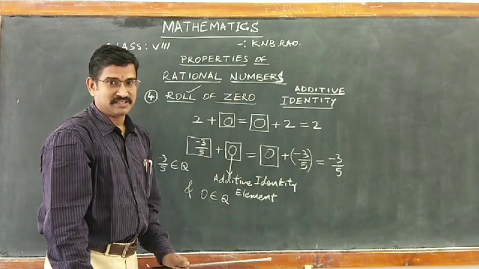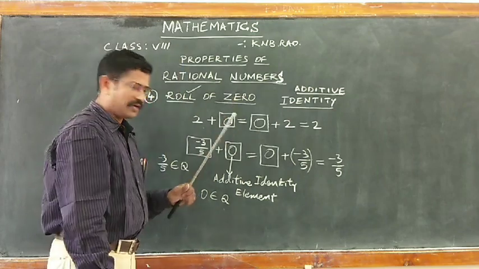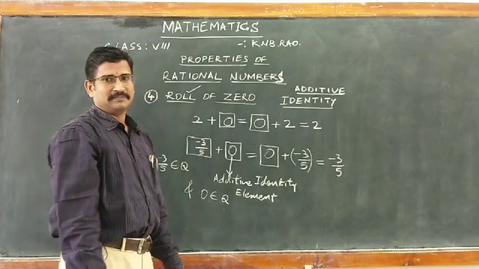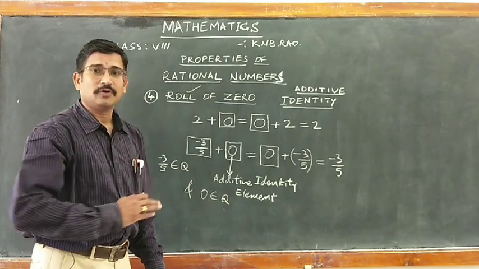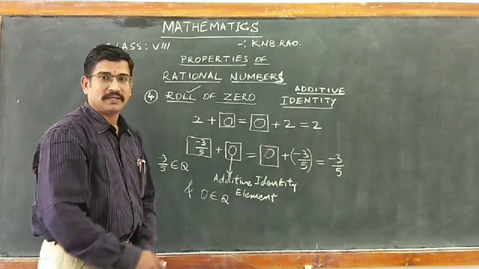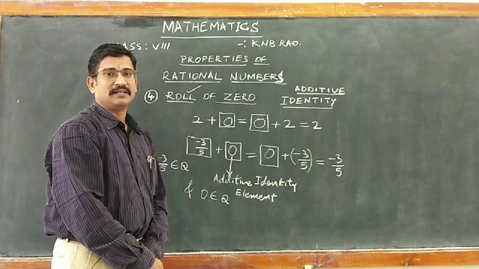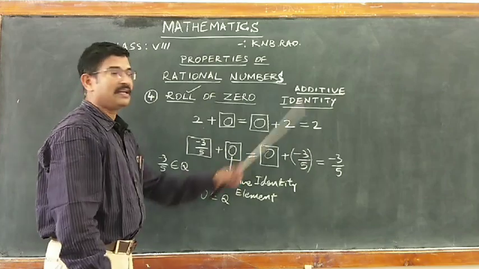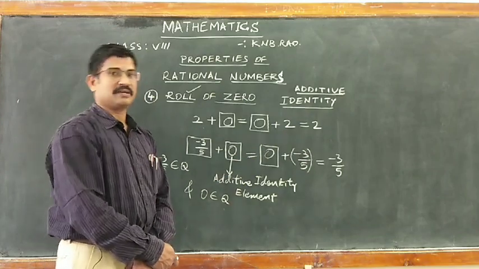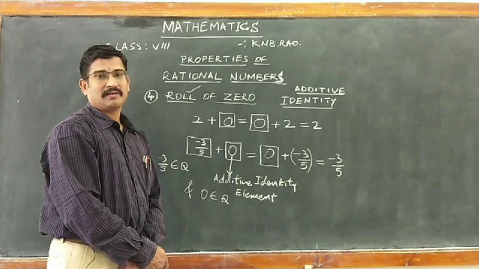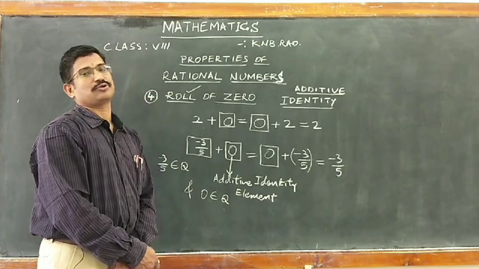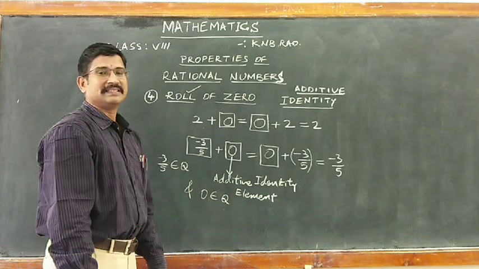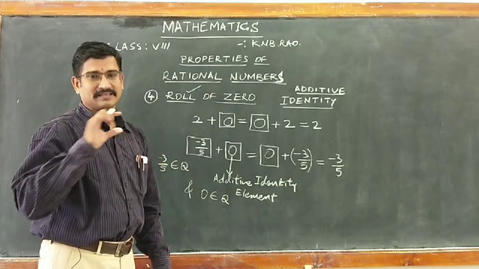What about fractions? Fractions do not contain 0, so fractions also do not follow the additive identity property because 0 is not part of them. So, which number sets follow the additive identity property? Whole numbers, because 0 is a part of them, integers and rational numbers.